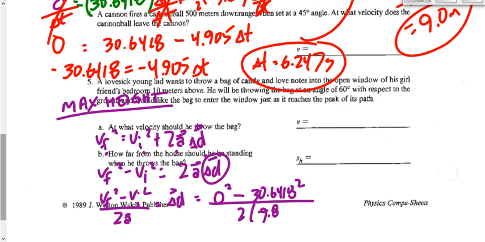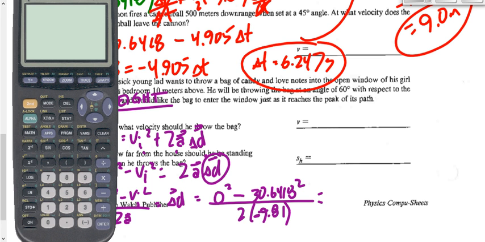Let's see what we get here. Zero squared minus 30.6418 squared divided by 2 times negative 9.81. 47.9 meters.